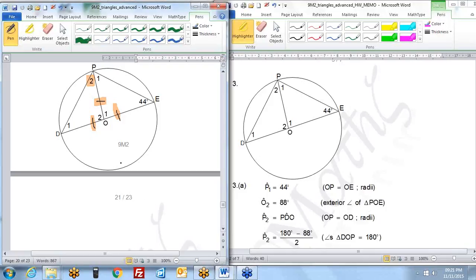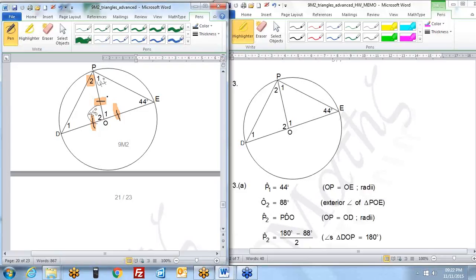Right, and then in order to determine this one, let's just quickly write down 88 degrees here. So in other words, angle P2 will be equal to angle PDO, because PO equals DO.